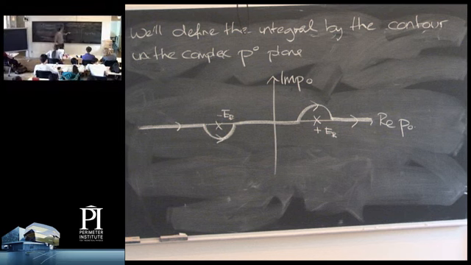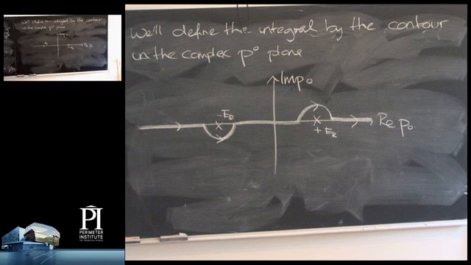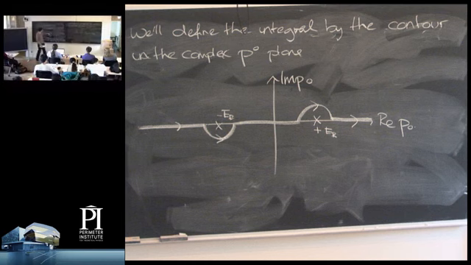Okay, so if I just do this integral, I hit these points, I get infinity for this, and it's no good. So what I'm going to do is define this integral to go along the real axis.